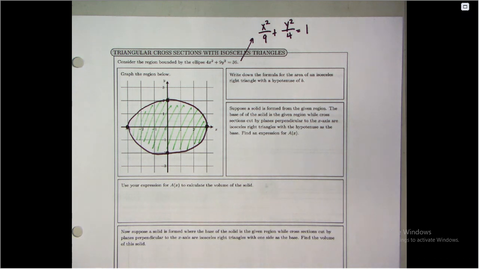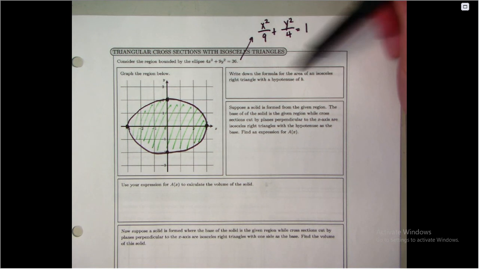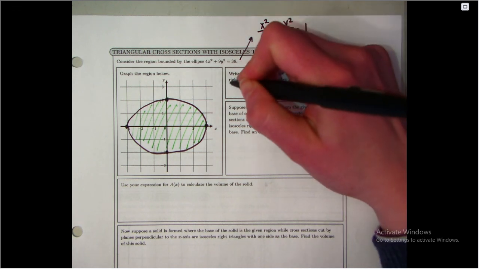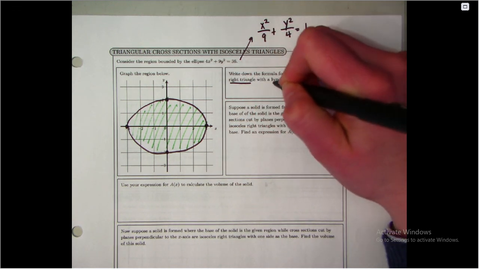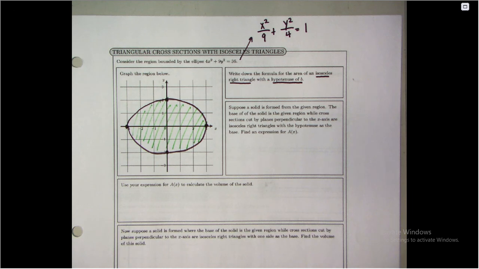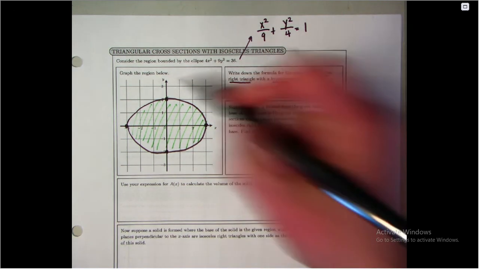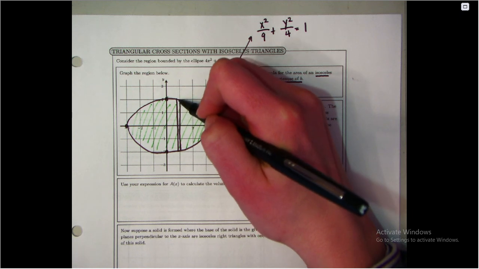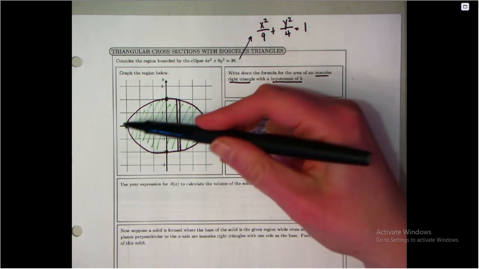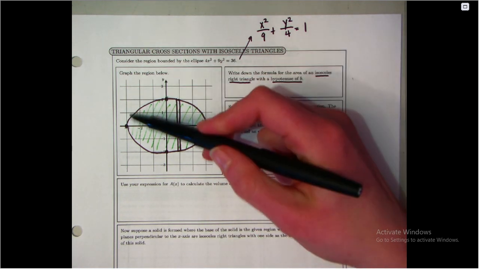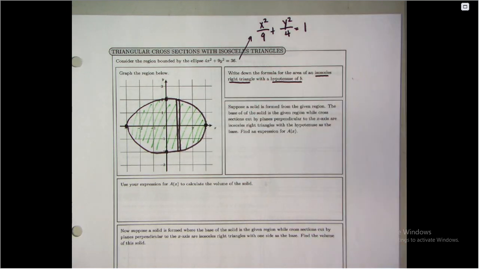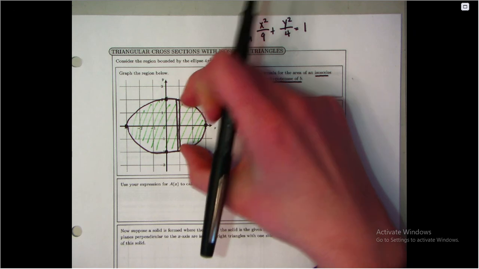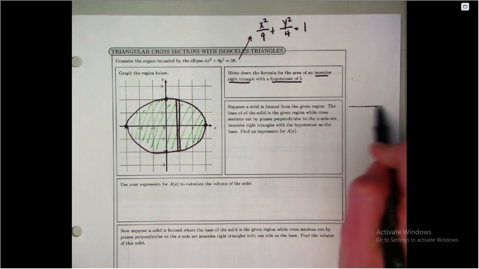We want to build off this region, and we're going to build isosceles right triangles with a known hypotenuse length of b. In other words, I'm going to take each of those slices. If I thought about computing the area, I would generate Riemann sums to get the area by creating those thin slices. This time, I'm going to take each of those thin slices. Imagine I could pick up that rectangle and turn it sideways.